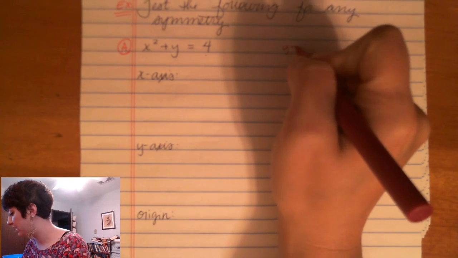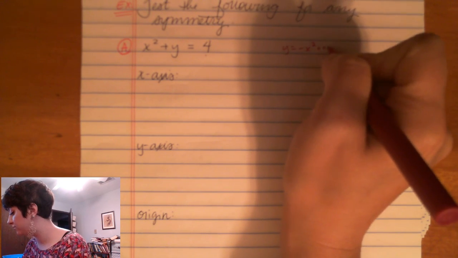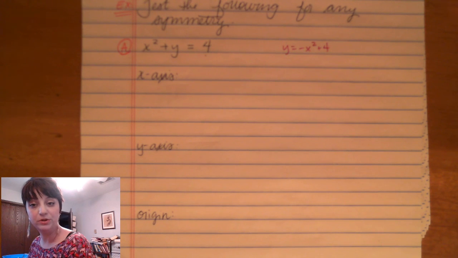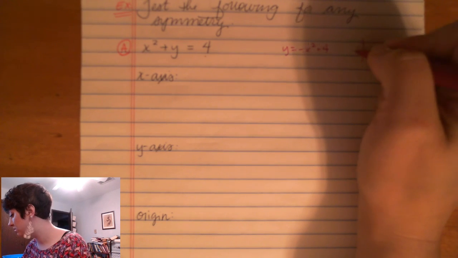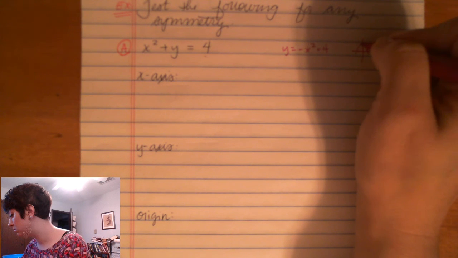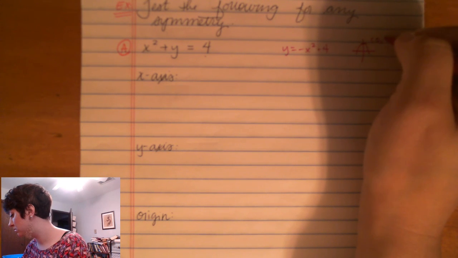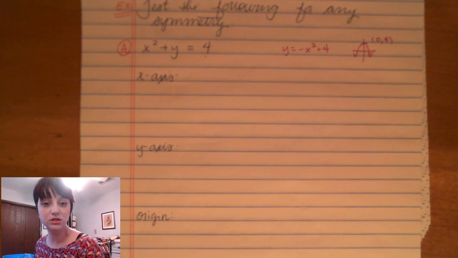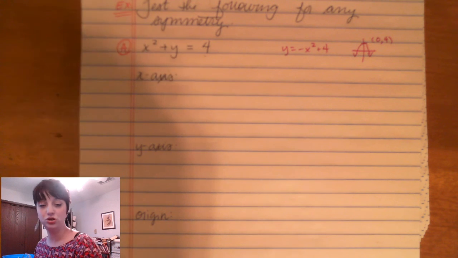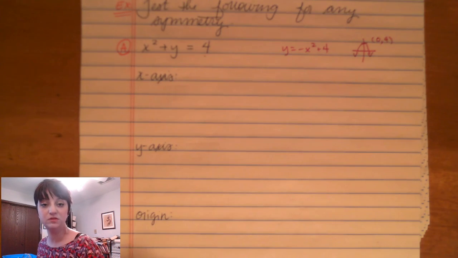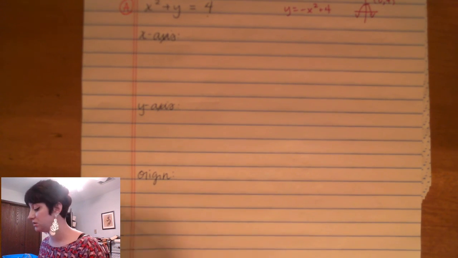If you rearrange this, you get y equals negative x squared plus 4. That's a parabola that opens down and has been shifted up 4, right? So just based on a quick sketch, this should have y-axis symmetry, shouldn't have x-axis, and it shouldn't have origin symmetry. So that's what we expect to see from our test.